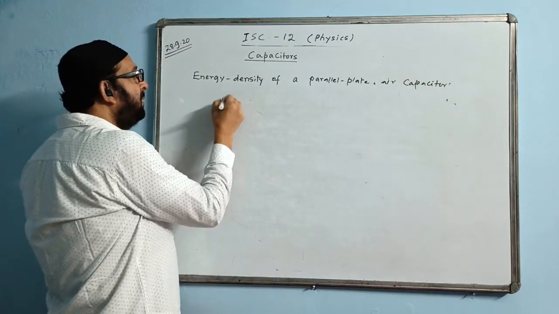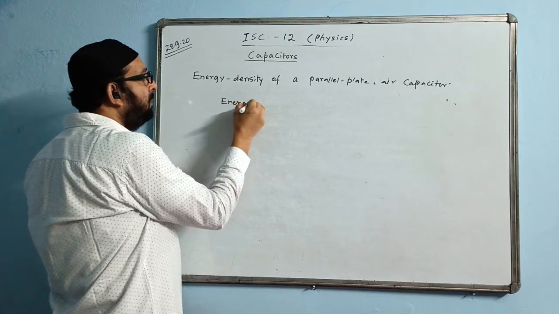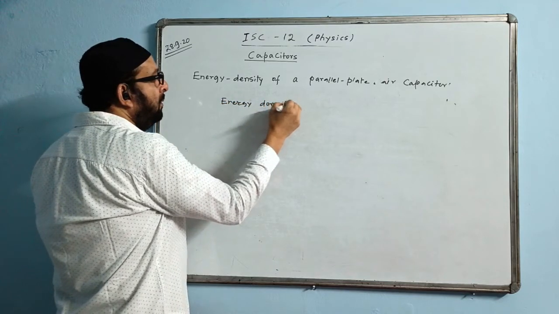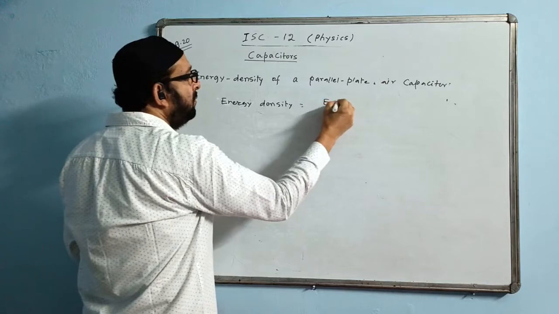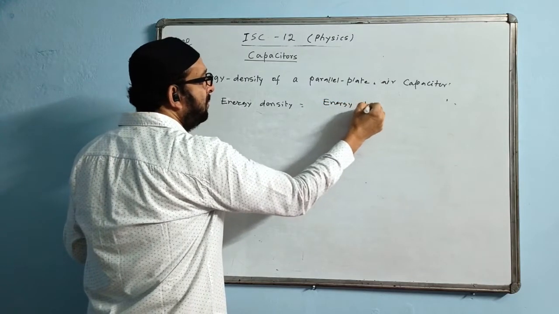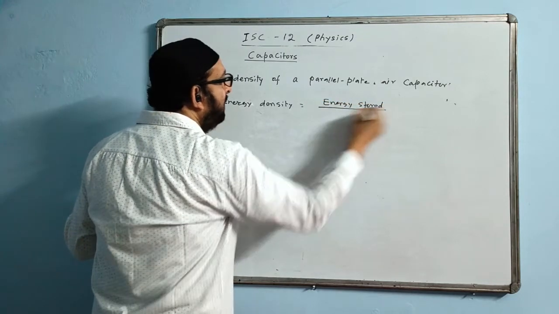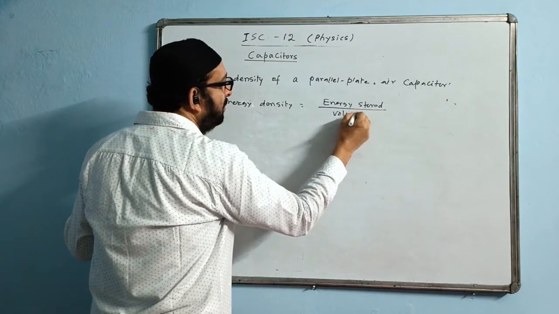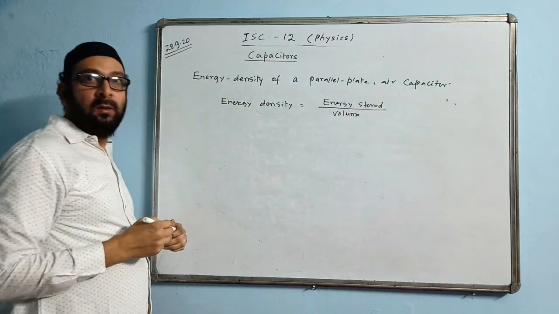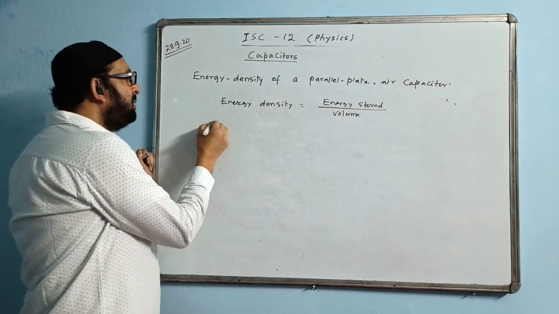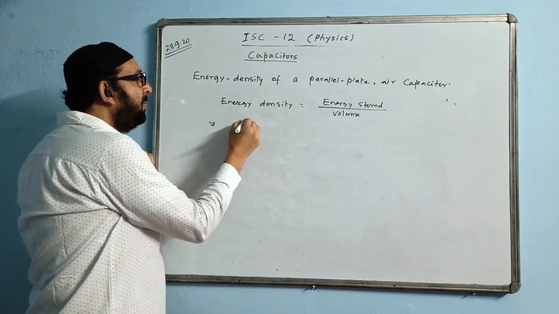The energy density formula will be energy stored divided by volume of the capacitor. This is the formula. Energy density is denoted by U.